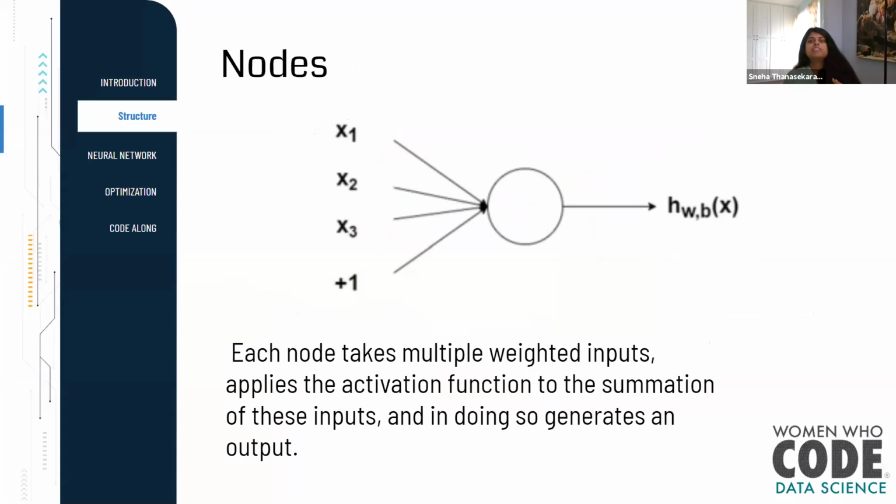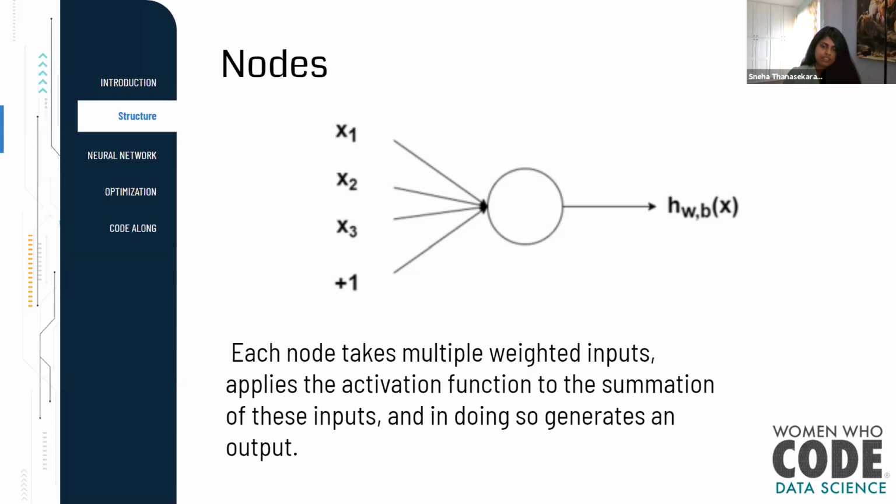As mentioned previously, each biological neuron can be referred to as a node in an artificial neural network. It is sometimes referred to as an artificial neuron or perceptron in some books and tutorials. Each node takes multiple inputs, their weights, and applies an activation function to the summation of these inputs and generates an output.